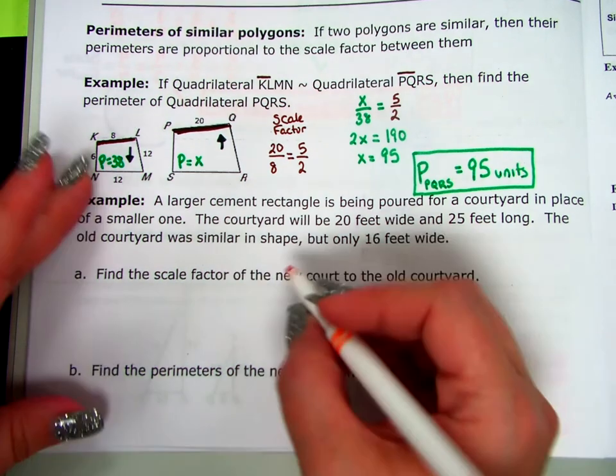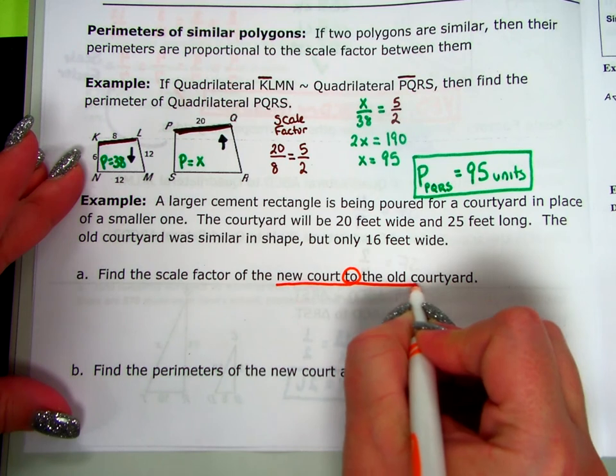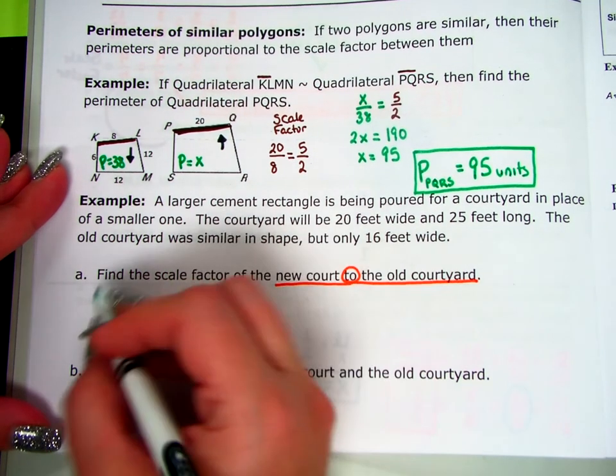Okay, so I can already see it's new to old. So I know I'm going to put the new on top and the old on the bottom. If I were just going to sketch the information they've given me, I'm making a large cement rectangle.